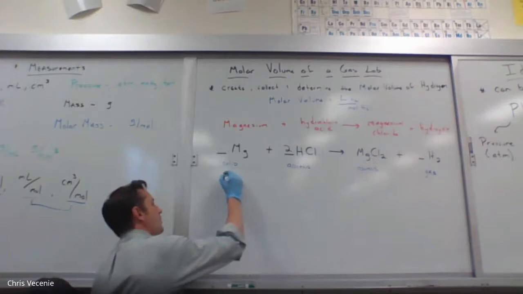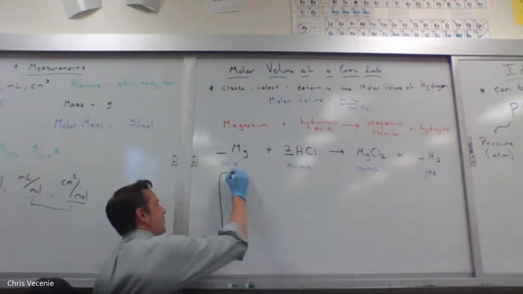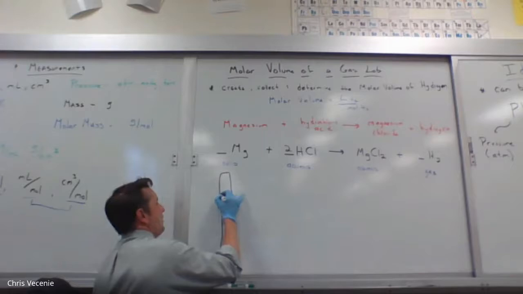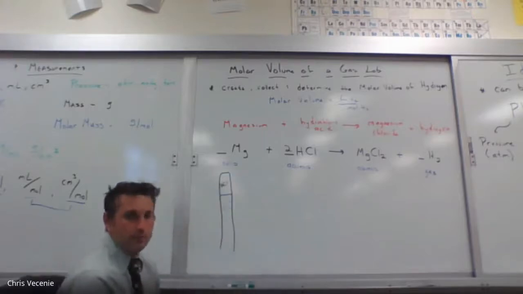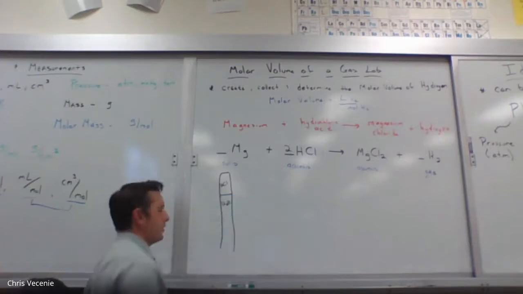So what you're going to do is take a gas collection tube, and at the very top, you're going to put some HCl. Then we're going to put a whole bunch of water in the tube.